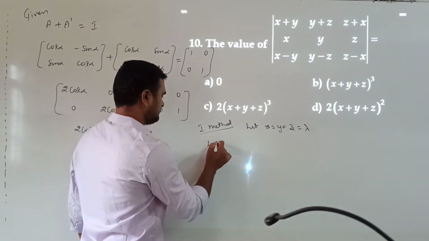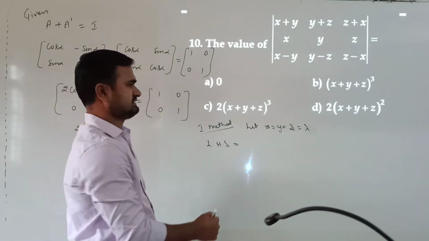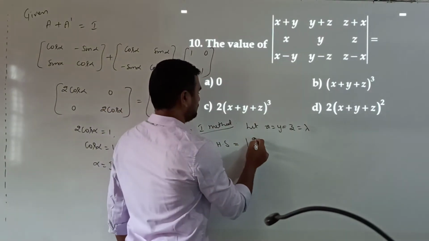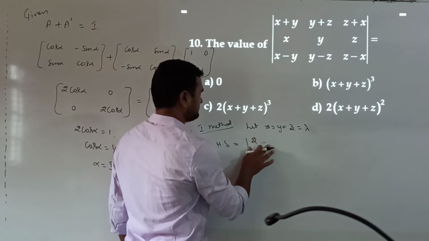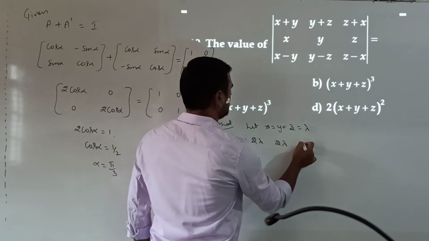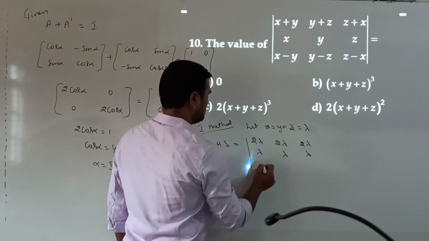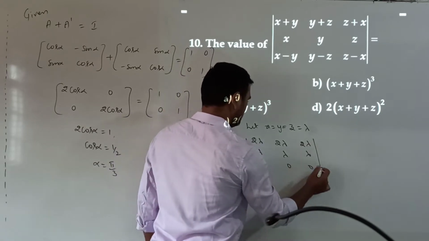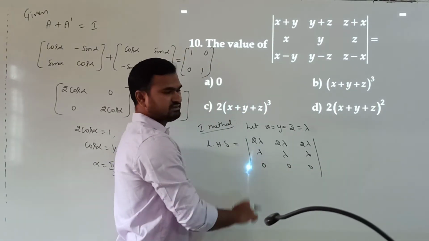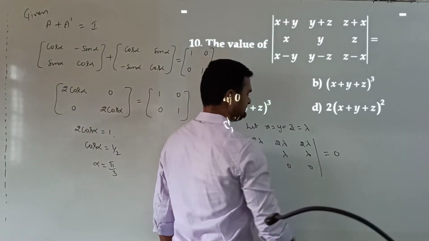So what will be the left hand side determinant we get? The determinant is 2 lambda, 2 lambda, 2 lambda, lambda, lambda, lambda, 0, 0, 0. Now we can see that all the elements of the third row are zeros. So the value of the determinant is 0.